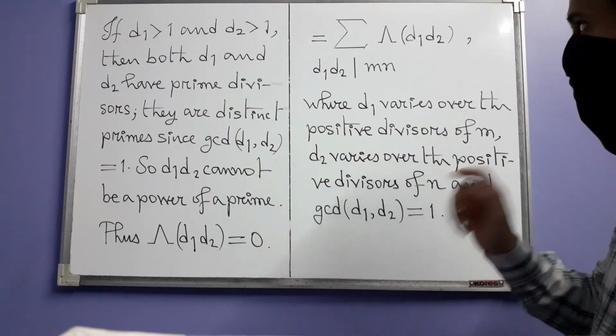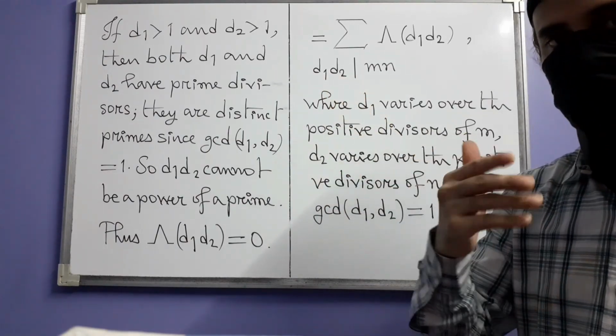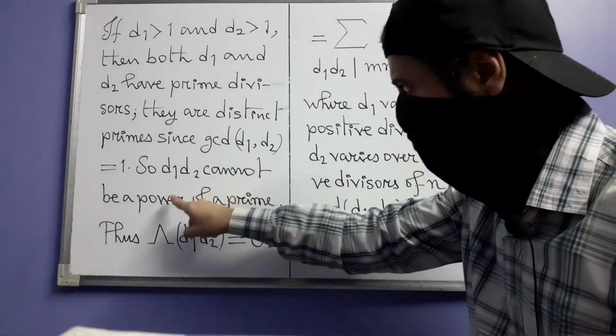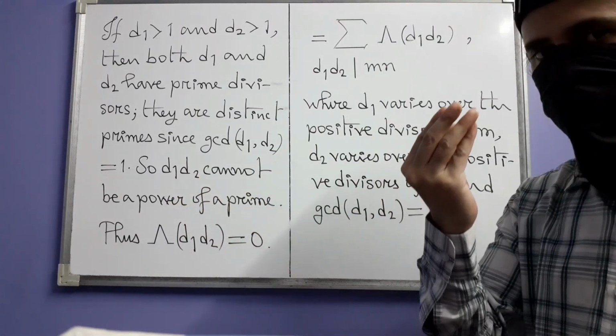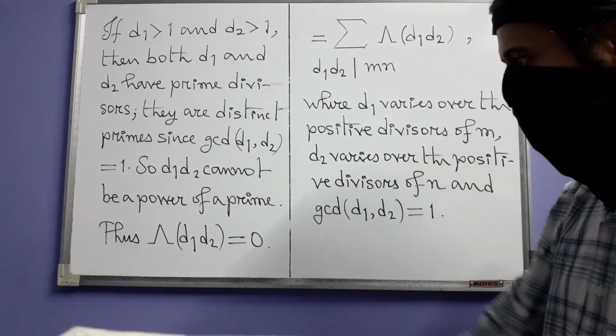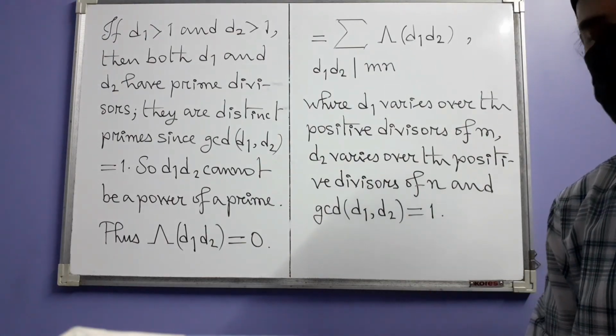And that is why in the product d1 d2, those primes will appear which are distinct, and the consequence is that d1 d2 cannot itself be a power of some single prime. But then by the definition of our lambda, lambda of d1 d2 is equal to 0.